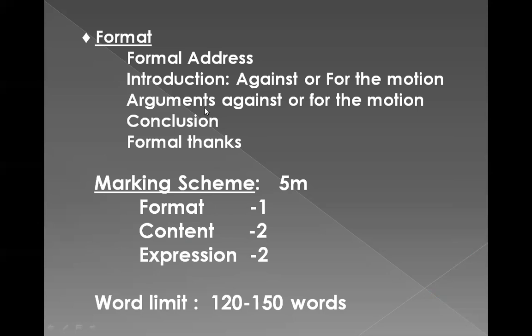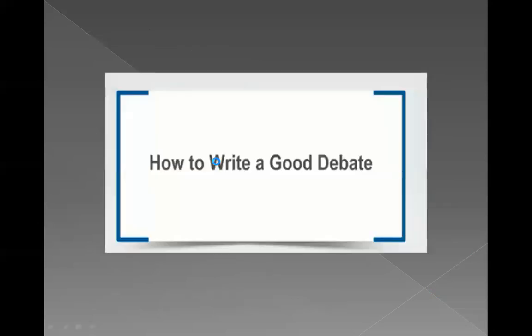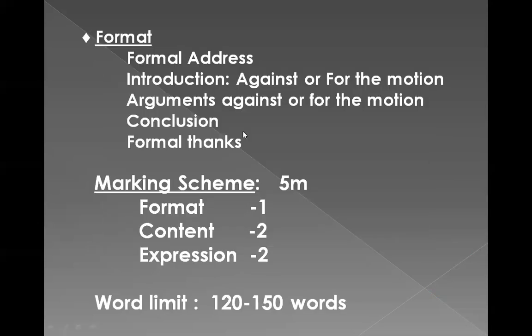So, you have to again sum up what you have written in the debate, and at the end, formal thanks, right? So you must keep this in mind that when you begin, you must write the formal address, then introduction, the arguments that you present for or against the topic, the conclusion, and the formal thanks.